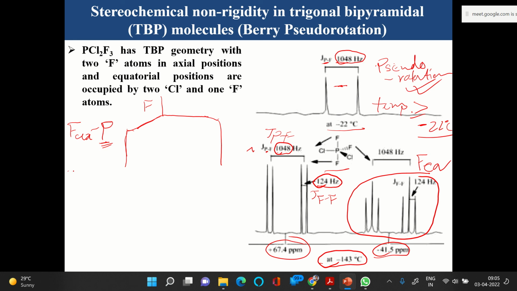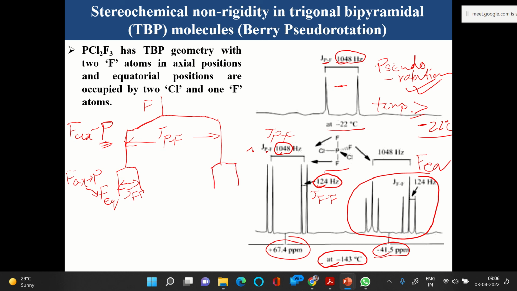Now in the second case, you add P and then also think of its interaction with the fluorine which is equatorial, so that will split it into another two, right? But this splitting will be small, JFF. JPF is much bigger, so this you draw here, and then this has to be drawn much smaller.